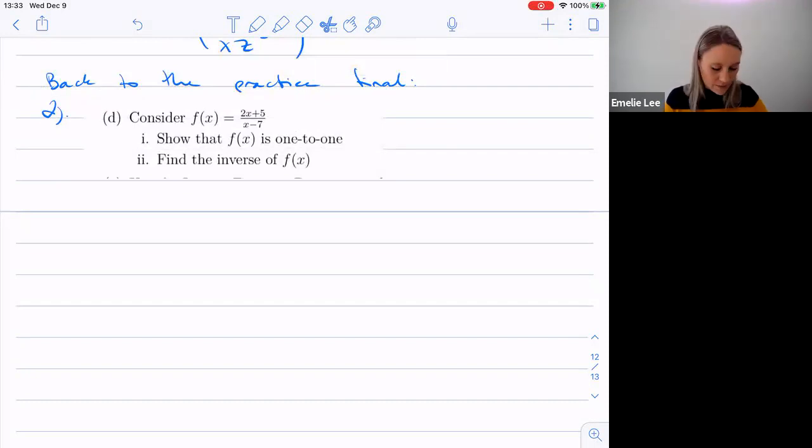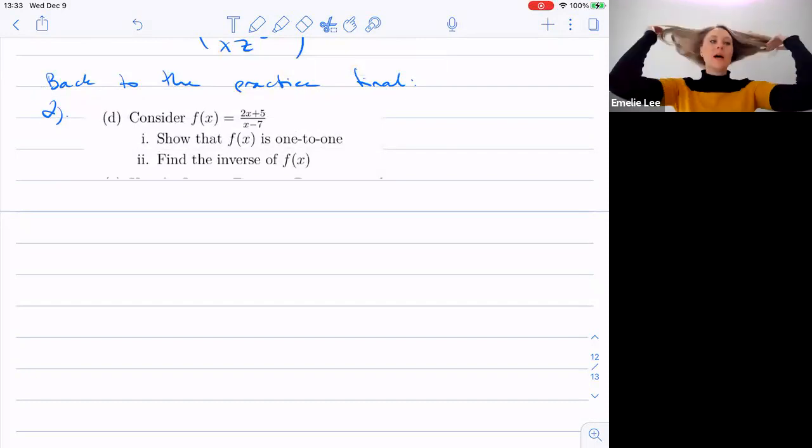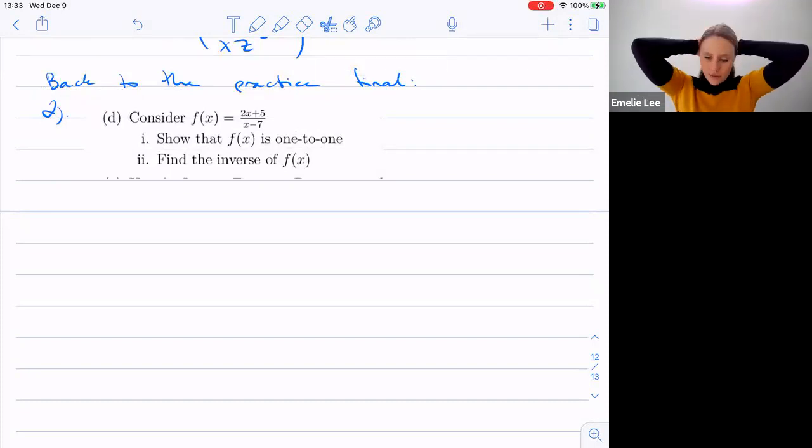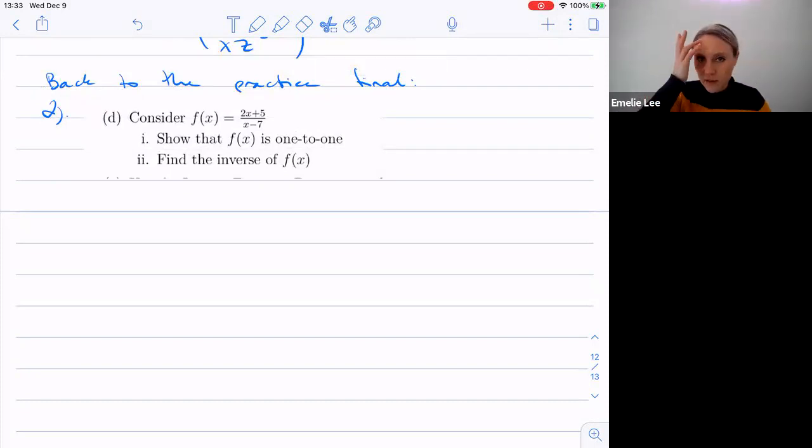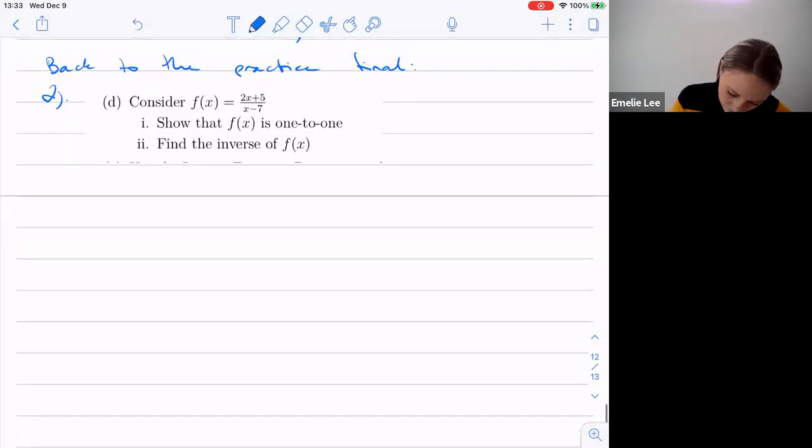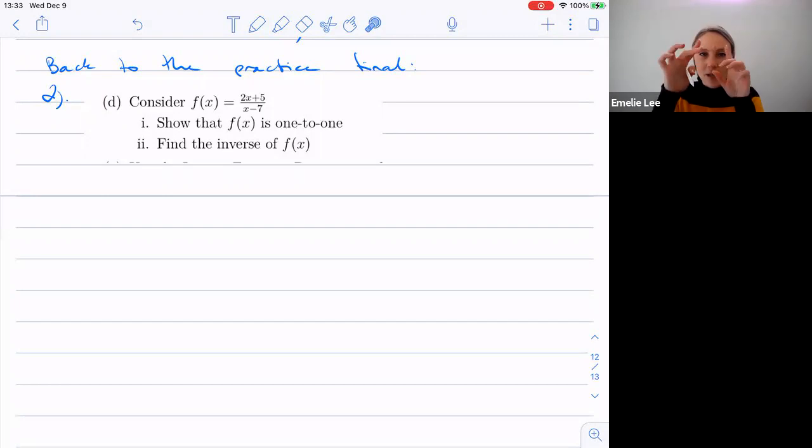So let's do this one. We'll do part 1 and part 2 just for, why not? Show that f of x is 1 to 1. So to show that a function is 1 to 1, remember we do f of a and set it equal to f of b. If we're able to cancel things and end up at a equals b, it is 1 to 1.